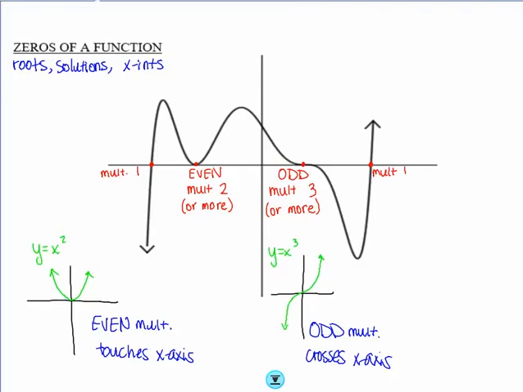The last thing I want to mention is degree of a function. If you remember from Algebra 2, if you are looking at the equation, the degree is the highest exponent of x. If you're looking at a graph and you add up all of the multiplicities, that will give you the minimum degree.